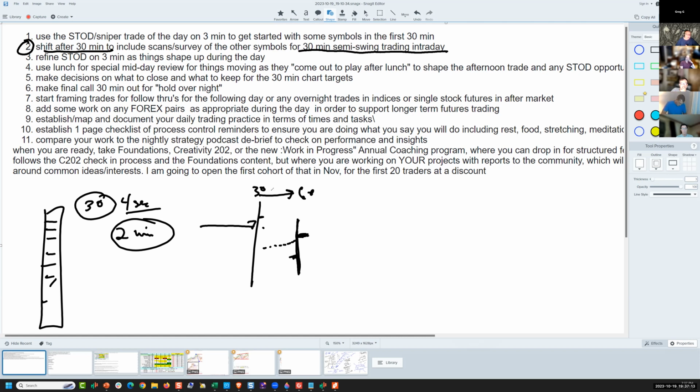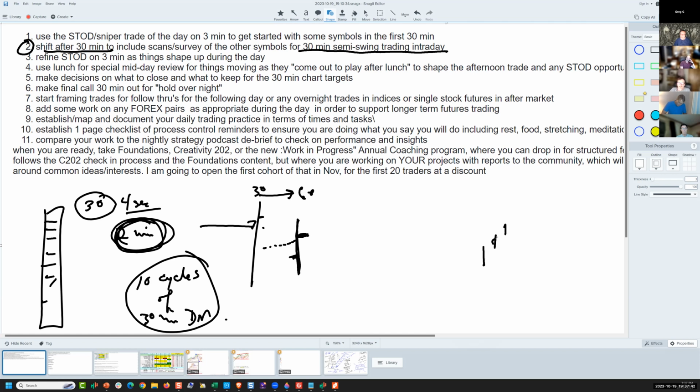In the 30 minutes that it takes to do that, I can scan every one of those things in 2 minutes. So theoretically, I could do 10 cycles of 30-minute decision making every 30 minutes.